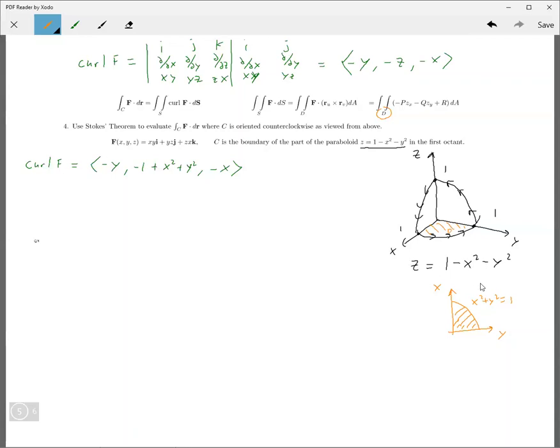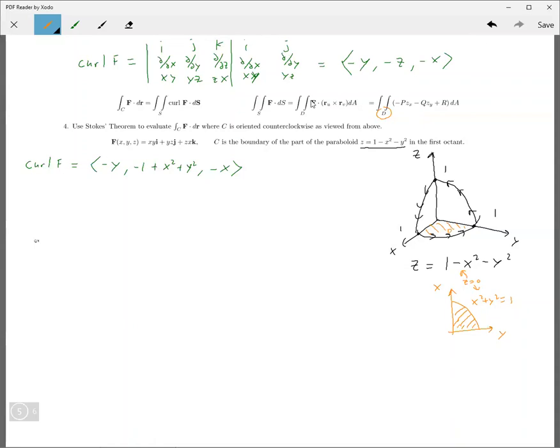We get that. So here z equals 0 gives you that, which is this boundary here in the xy plane, which is this part of the curve in the xy plane. But we're interested in integrating over this area.